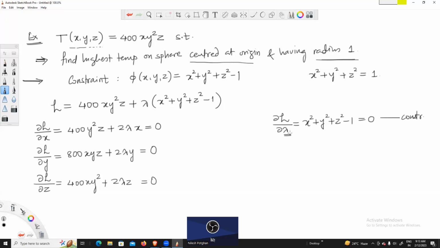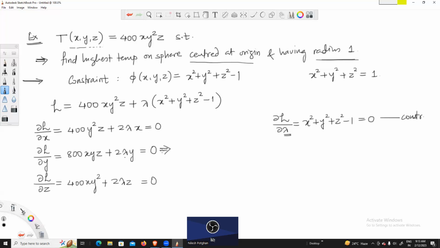I can solve these equations, no problem. So how do you solve them? You can always find the value of one variable and put it into another. Suppose I take the value of lambda and put it somewhere, or find the value of y, or lambda, anything.